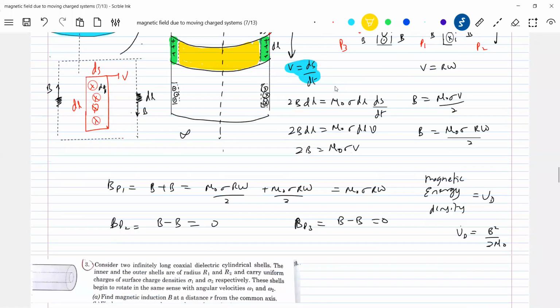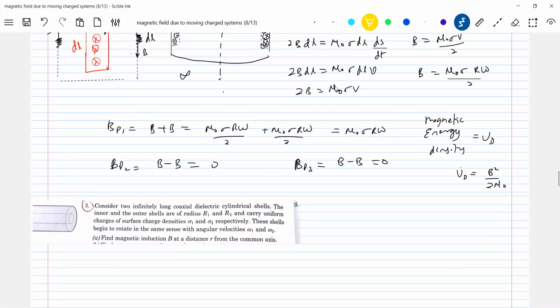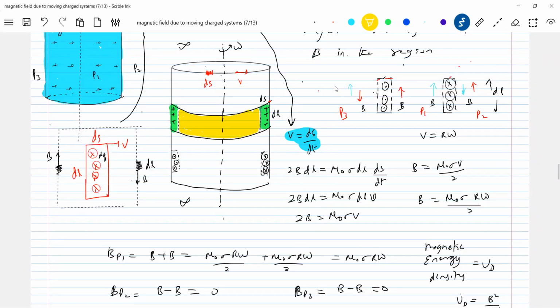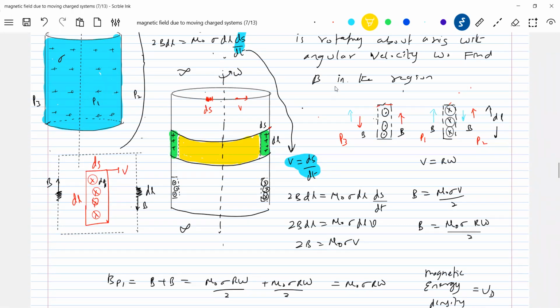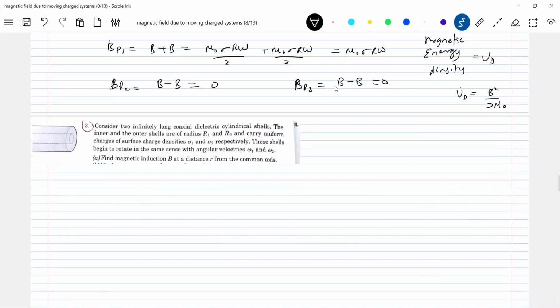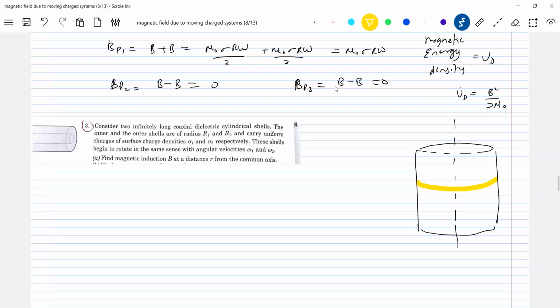You can try that also. If you want to try, you'll get the answer. Okay, fine. So this is a generalized way I'm putting this, just one of the methods I'm showing. So if you want, you can try that. So what to try? It is like this. This is a ring. Instead of this strip, you directly take a ring like this.